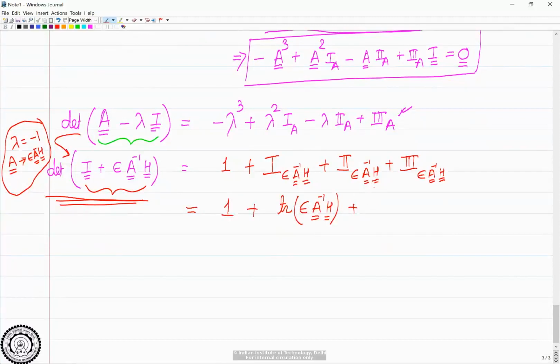Can I say that this is epsilon square into 2 of A inverse H? You just have to look at the expression of 2. Similarly for the 3, since it's a determinant and each of the entries is multiplied by epsilon, it is simply epsilon cube into 3 of A inverse H. Will you agree with me?